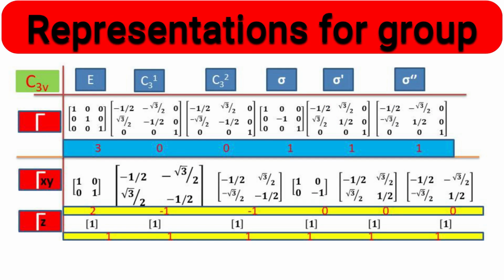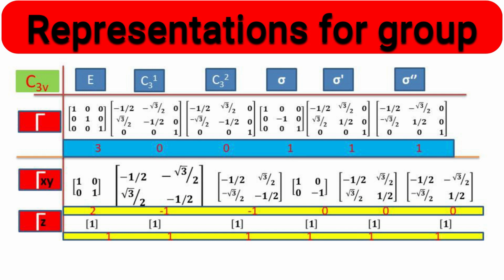See now, these two representations: gamma xy, a two-dimensional representation where A11, A12, A21, A22 elements from each matrix are considered, and gamma z, where the A33 element of each matrix is considered. So gamma xy and gamma z are our irreducible representations.